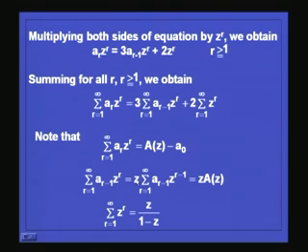If you take out one z from this, you will get the sum from r = 1 to infinity of a_{r-1} z^{r-1}, which is the general term for the generating function. It starts from r = 1. When you put r = 1, it becomes a_0. So, all the terms are there, a_0 + a_1 z + a_2 z^2 and so on, but you have taken one z out. So, this becomes z A(z).